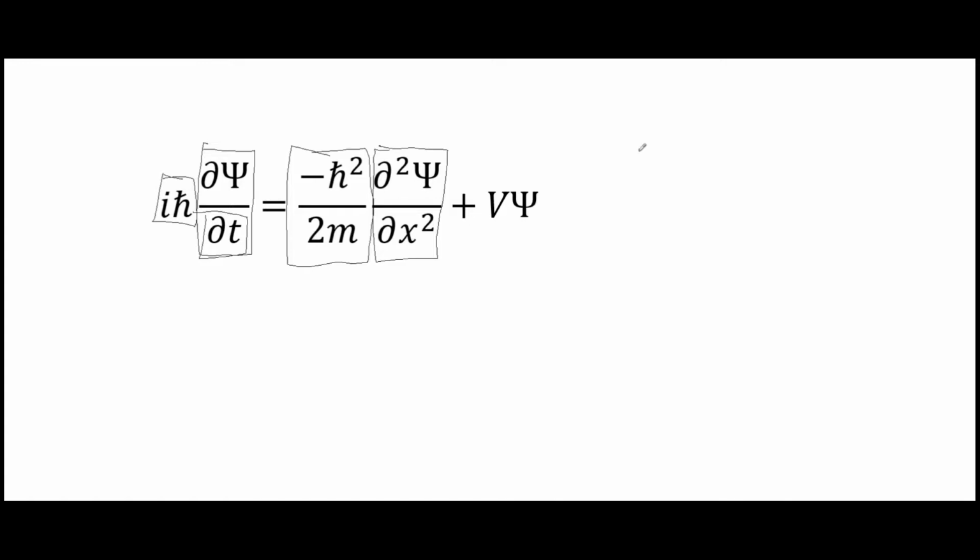You may have seen this written using this del operator with the wave function here, and this just means that we're using three dimensions. So it would be the second partial with respect to x plus the second partial with respect to y plus the second partial with respect to z.